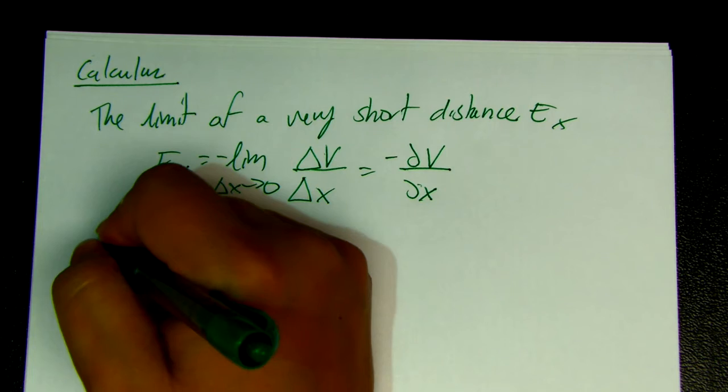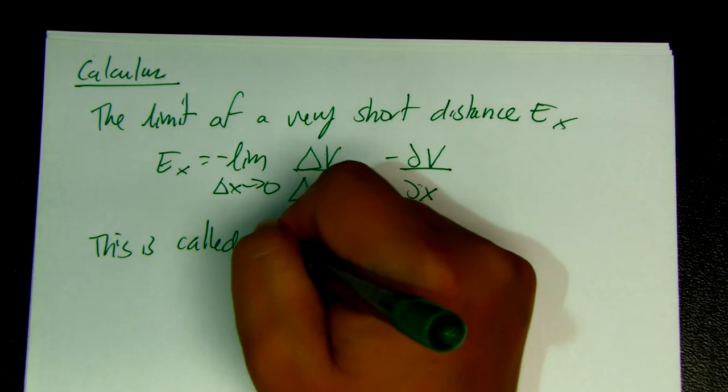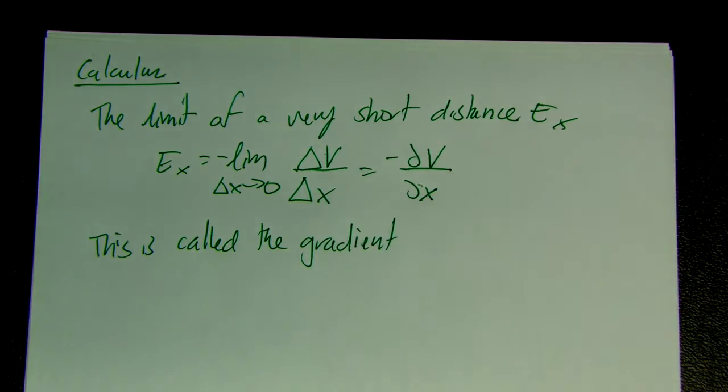And this is called a gradient. We do actually do gradients quite a bit in higher level physics.